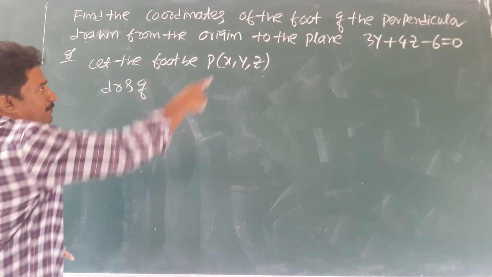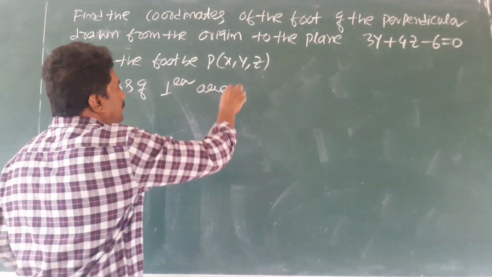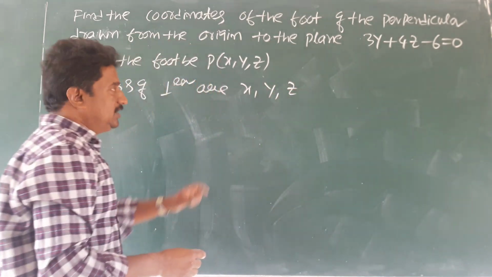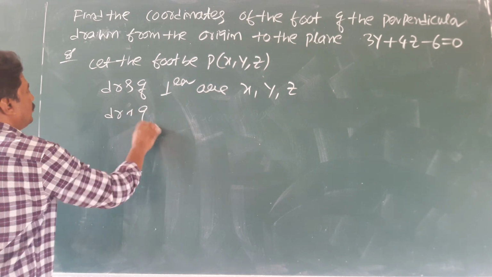DRs of the perpendicular are x, y, z. So next, DRs of the normal.